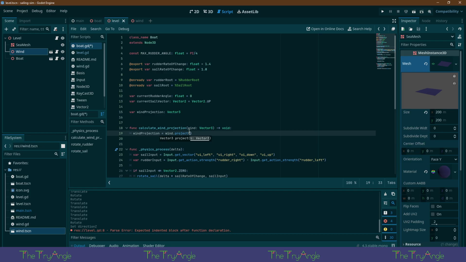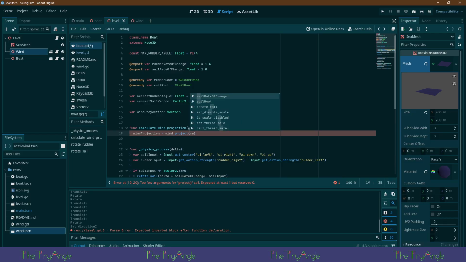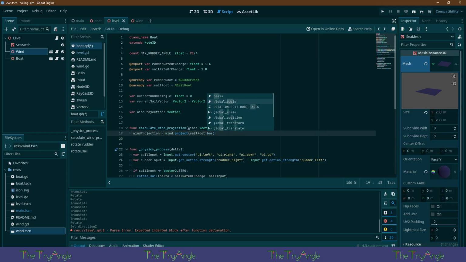Project, and what are we projecting? We're projecting the sail route, but not its location, its direction. And we should be, let me think here. Should be global. Yes, global basis.